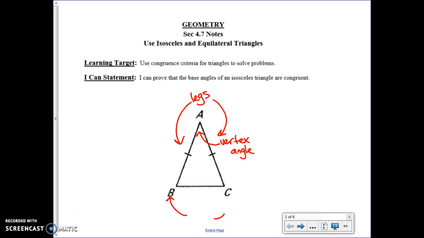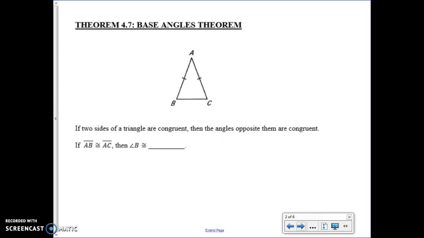The two angles across from the legs are called the base angles. And that's because this leg is called the base. So make sure you've made note of all of those pieces so you can refer back to those specific names when we're talking about the triangle.